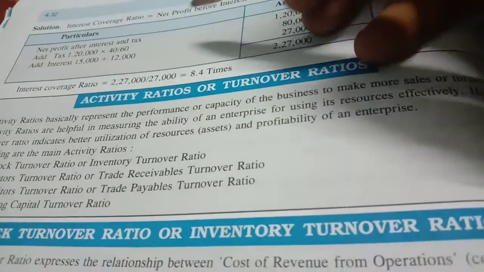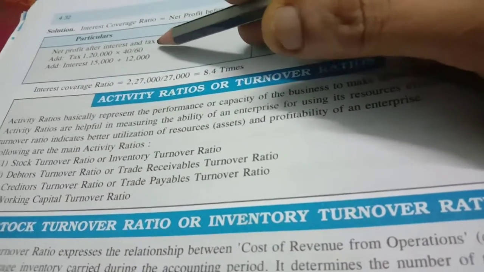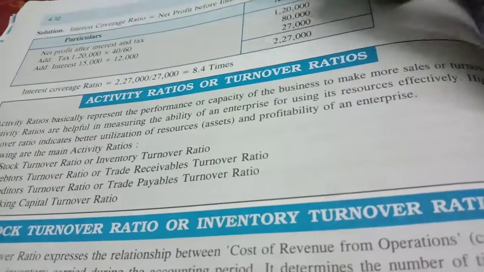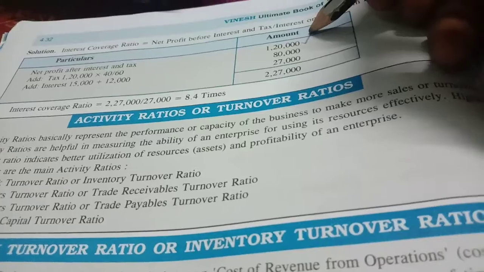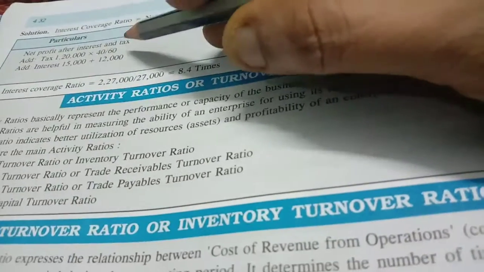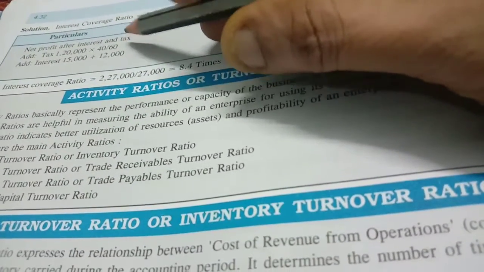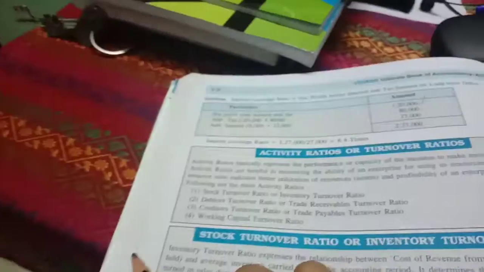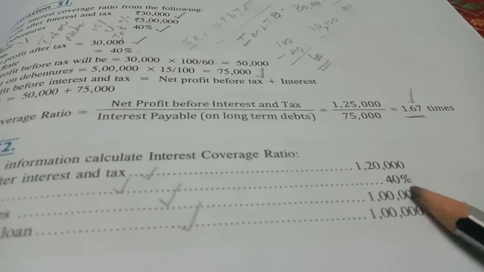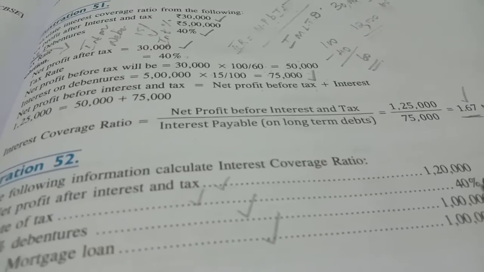This is the formula, no? So now we have net profit after interest and tax, that is 1,20,000. In this we have to calculate the amount of tax. The rate of tax is 40%.